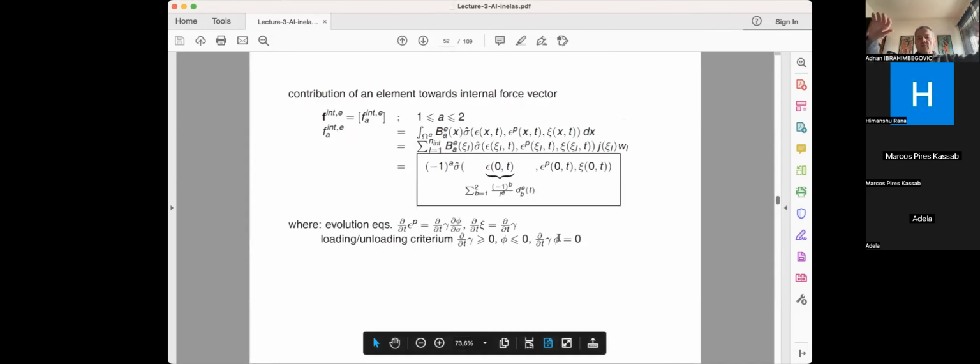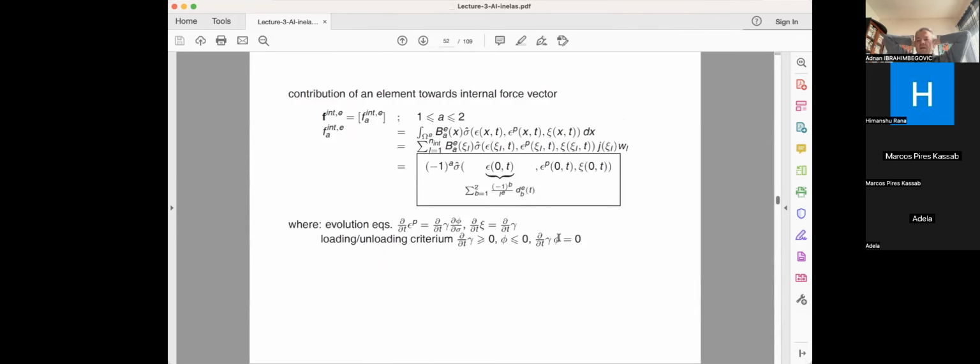So, of course, we have seen that this is done already not by integrating analytically, but by integrating numerically. So, for example, for the truss bar with 2 nodes, we said 1 integration point is enough. So it comes down to taking the number of integration points equal to 1, and that happens to be the abscissa which is equal to the center of the element. So xi_l is equal to 0 and w_l is equal to 2.